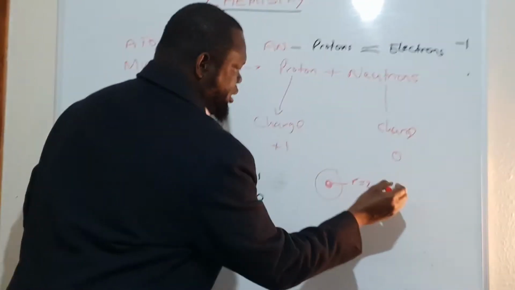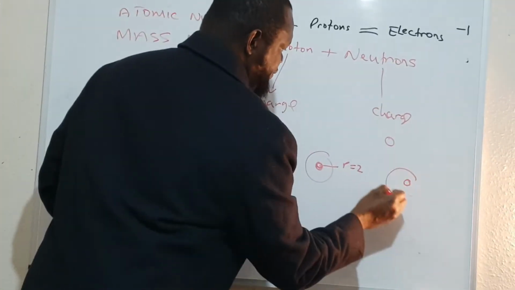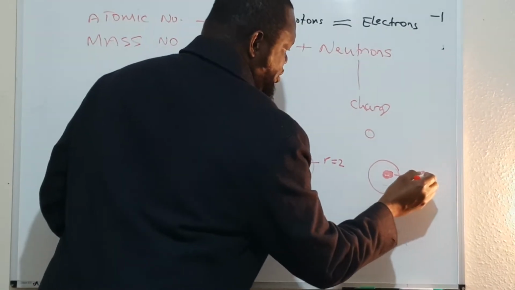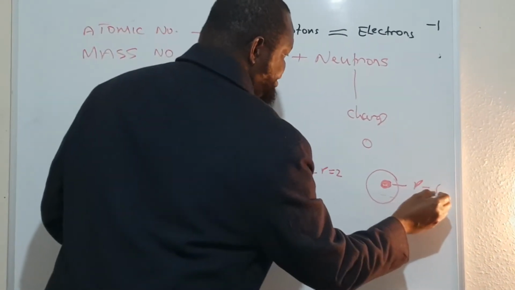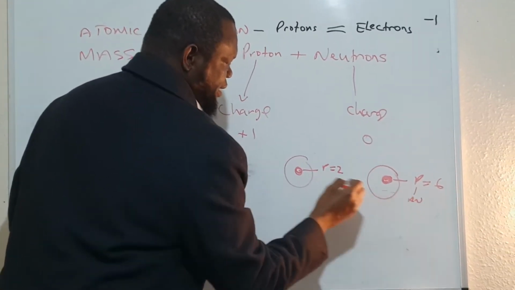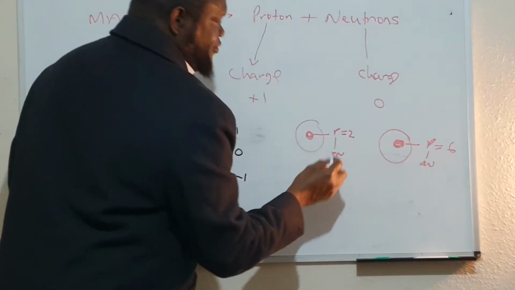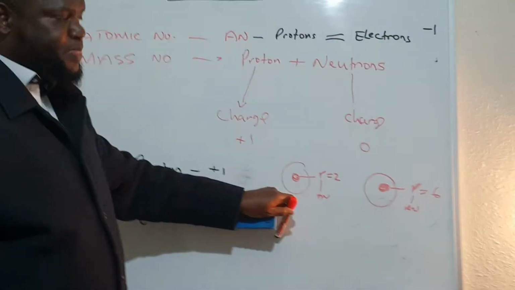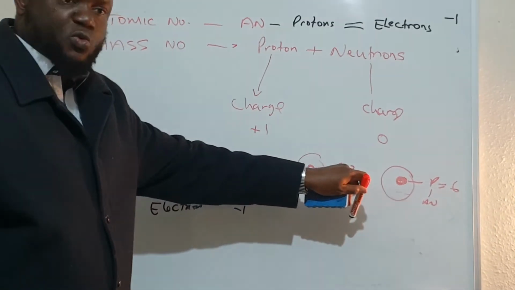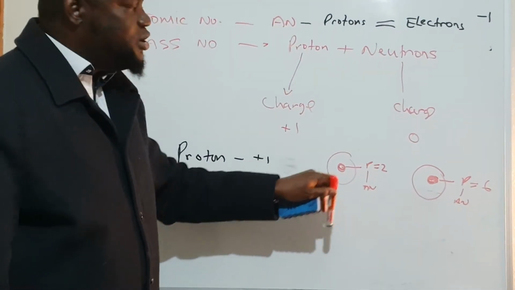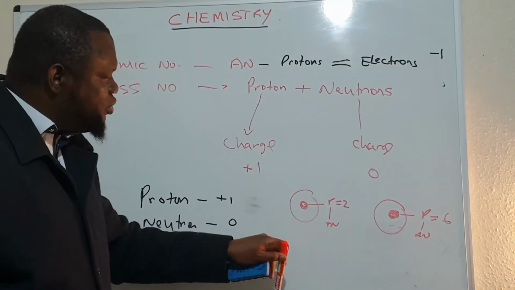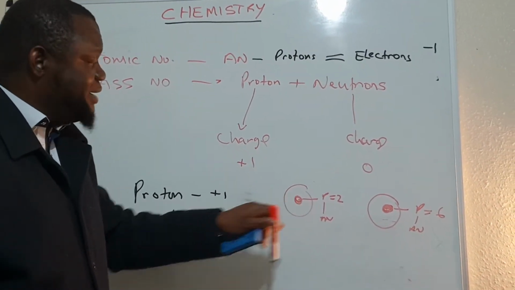In another one, the number of protons is equal to 3, or even 6. The number of protons is the atomic number. So this will be a different element to that one, because the number of protons determines what element it is. So that will determine what type of element it is.